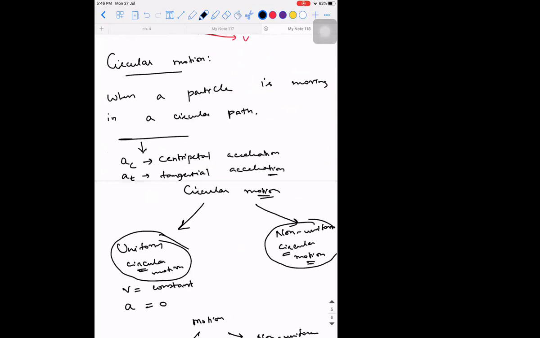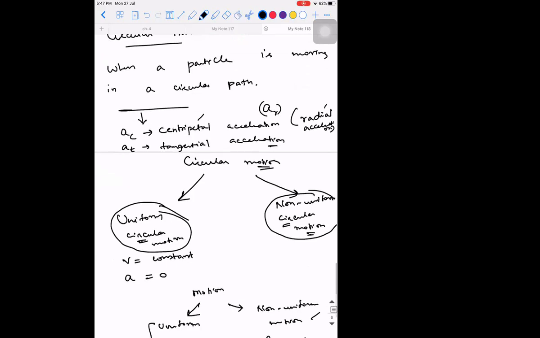Tangential, the name itself is suggesting, it is along the tangent. Centripetal means it is towards the center. In some books, centripetal acceleration is also referred to as radial acceleration. You can write it as AC or AR. Both mean the same. We call it radial acceleration because it acts along the radius. Are you able to understand?